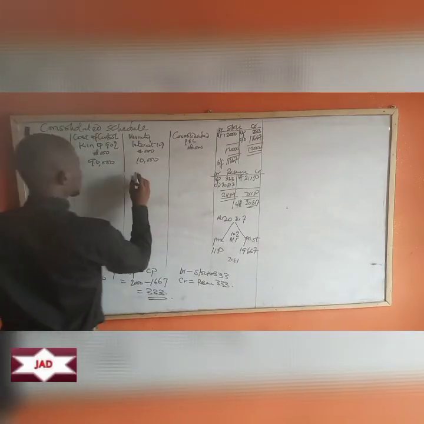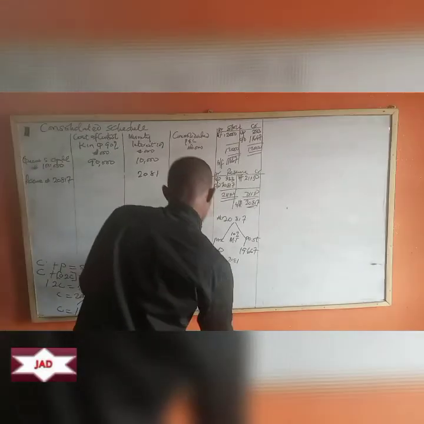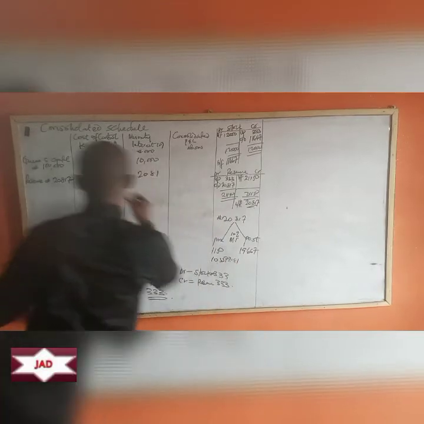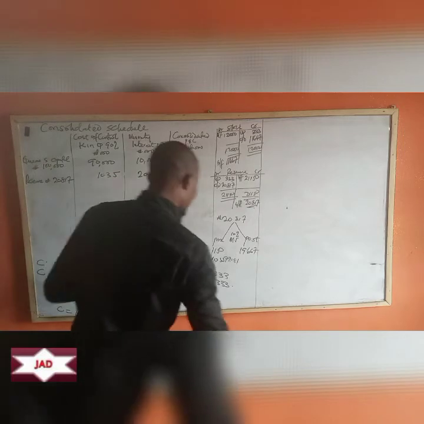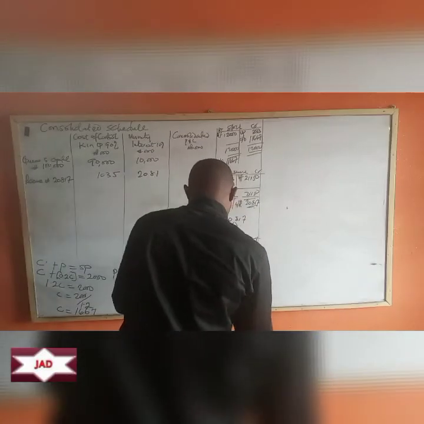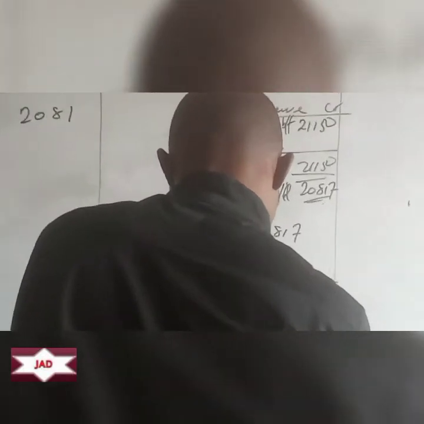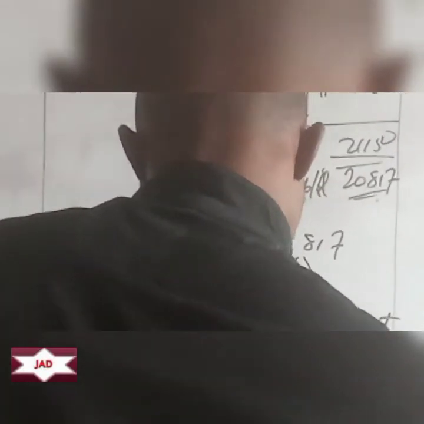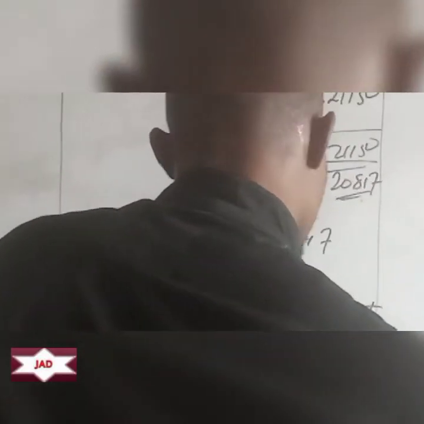So we have 1,035 for the pre. So what's the post? The post is 0.9 times, what do you have there?